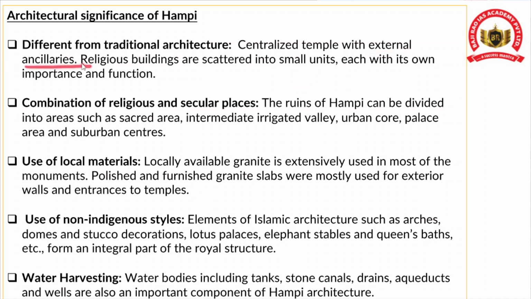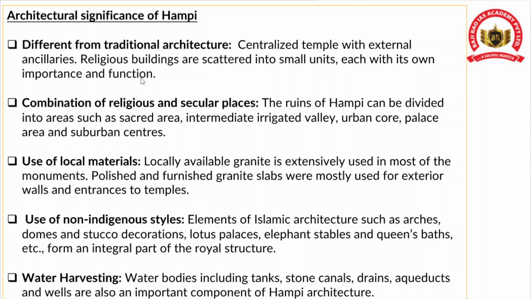So it is not just a temple. Along with the temple, there were also external ancillaries. The religious buildings are scattered into small units, each with its own importance and function.